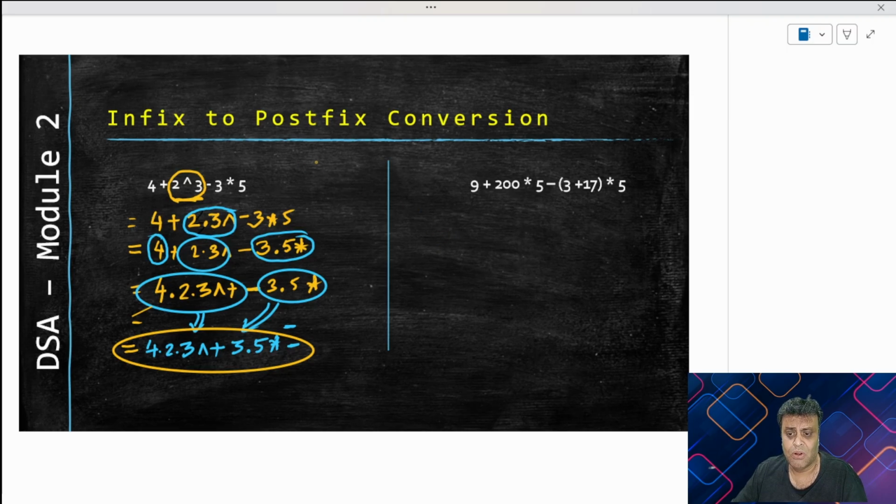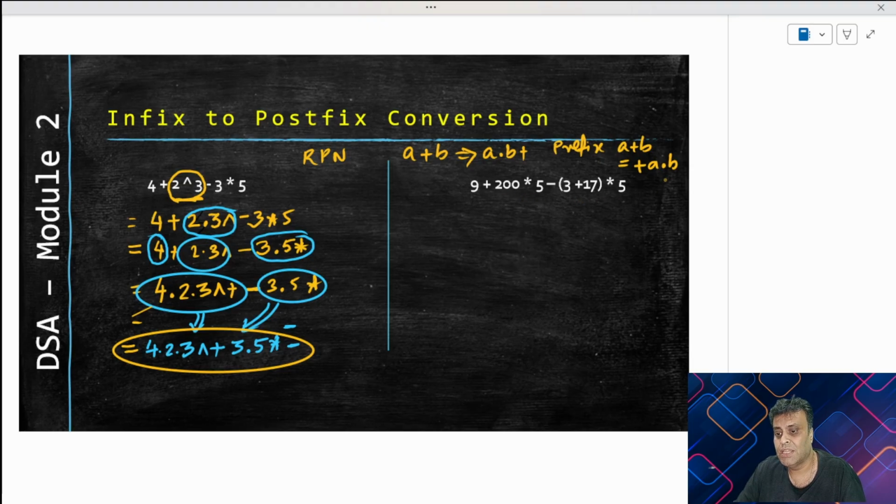Postfix is also, by the way, called reverse Polish notation. So reverse Polish notation says that if there is an expression like a plus b, then it can be written as a b plus. So that is reverse Polish. The forward Polish notation is basically called prefix. The prefix notation says that a plus b can be written as plus a b, right?